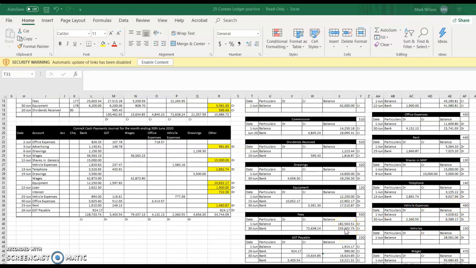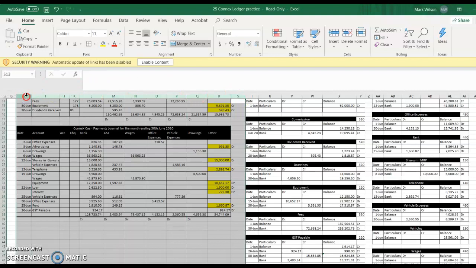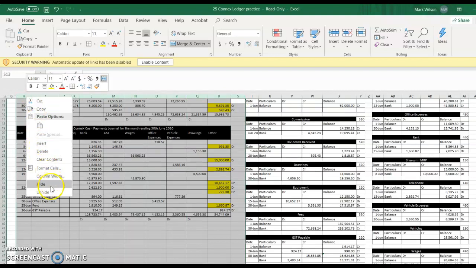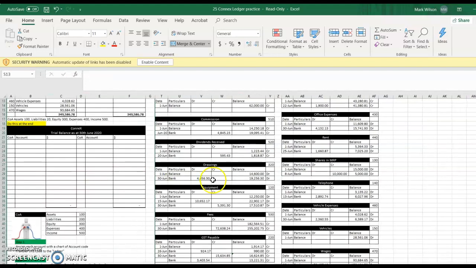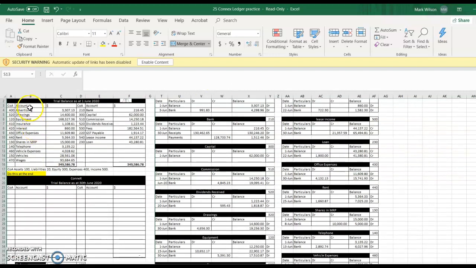So now we're on to the last part. So again, we'll just minimize. So we'll hide these ones. So highlight those cells and hide. Because what we need to do is bring the totals from the ledgers back to the new journal. I cheat a little bit here. I'm going to copy this and paste it there.